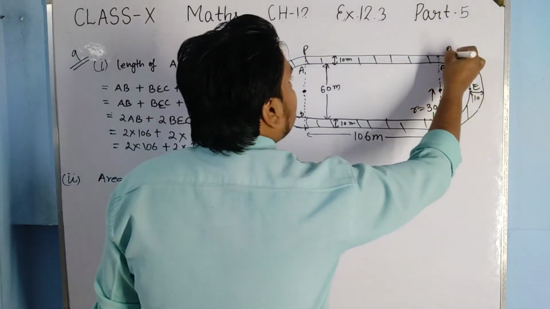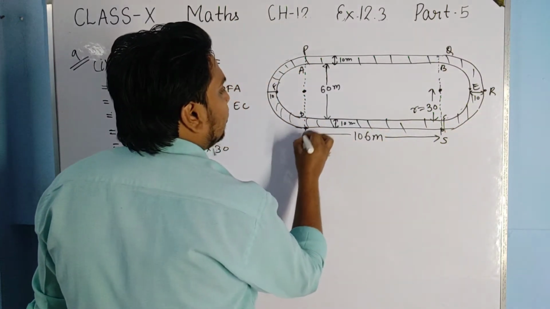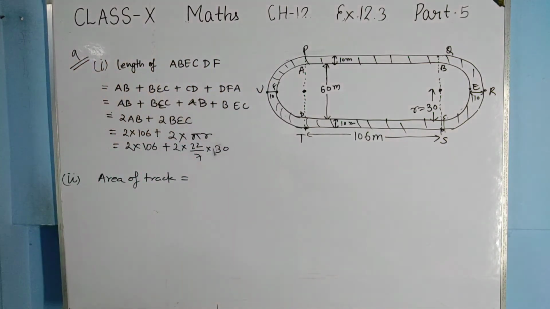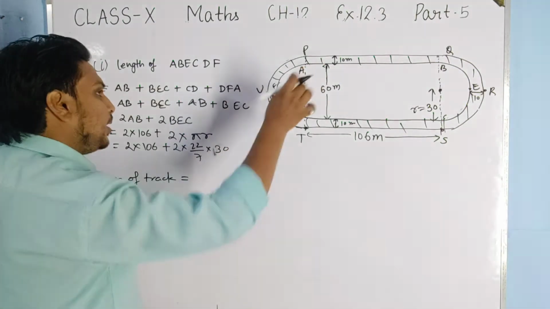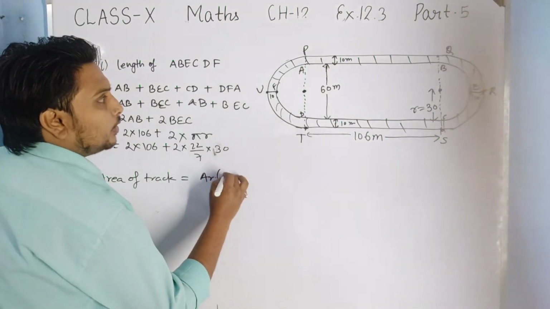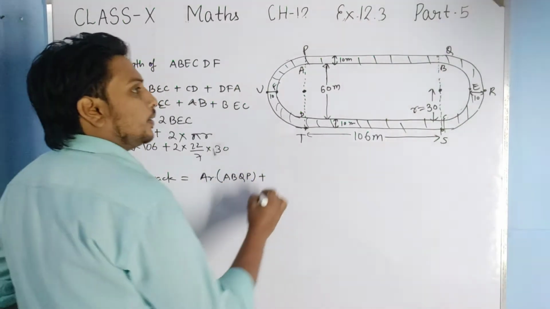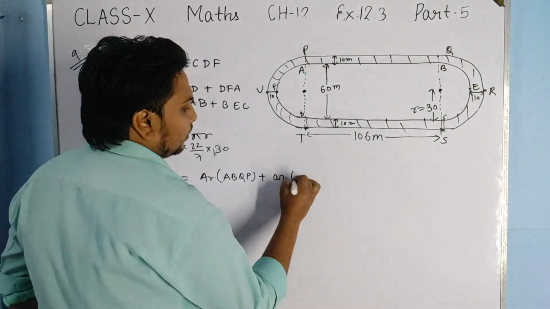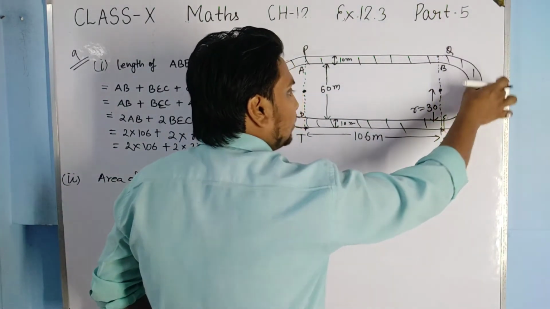Suppose it is P, Q, R, S, T and U. So the area of the track will be, breaking it, the area of ABQP plus the area of this region, BC.